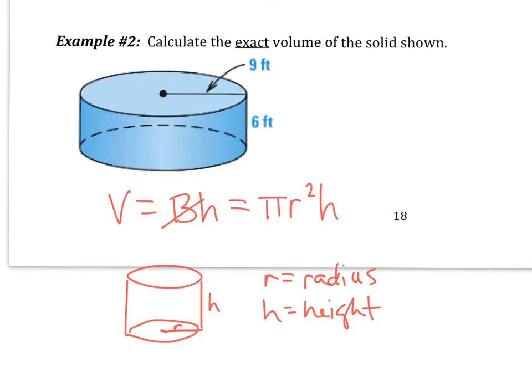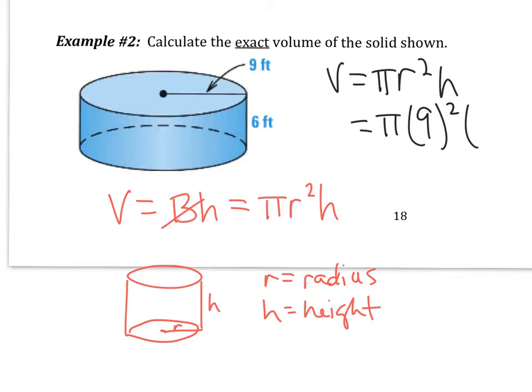All right, so up here, if volume is equal to pi r squared h, what's the radius? 9. So square the 9. What's the height? 6. So what's 9 squared times 6? 54.